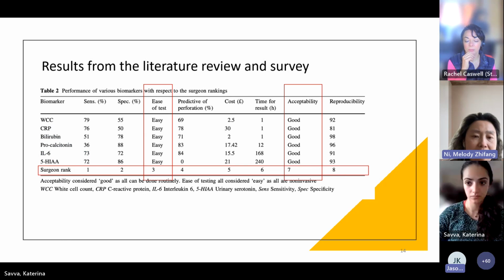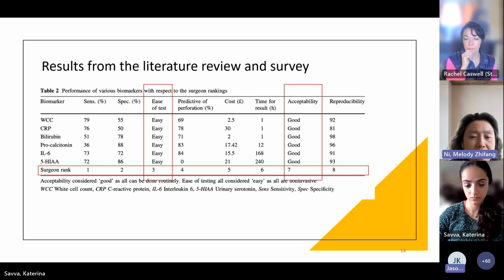White blood cell count, CRP, bilirubin, procalcitonin, urinary serotonin, and interleukin-6. In the table, each column is one of the 8 performance criteria that consultant surgeons as well as the literature tell us are important, and we have extracted some numbers and done the synthesis using meta-analysis.